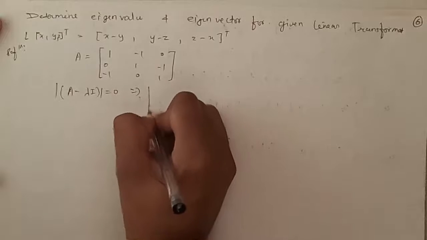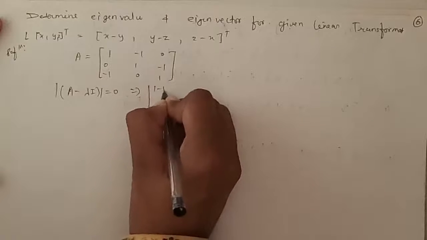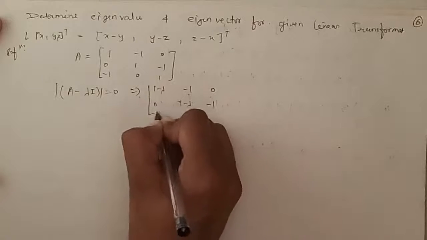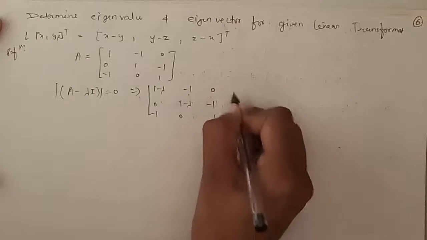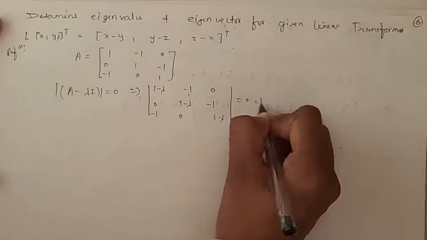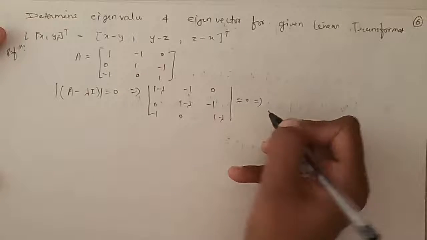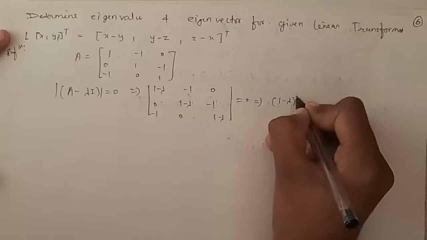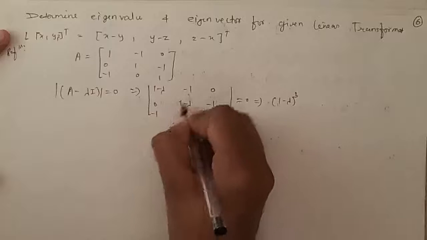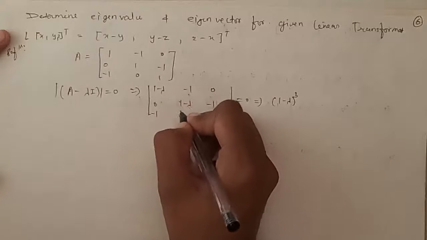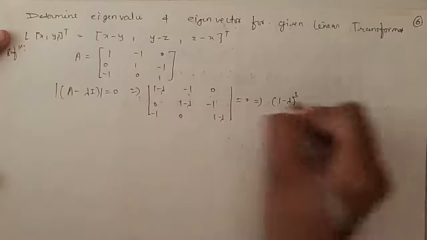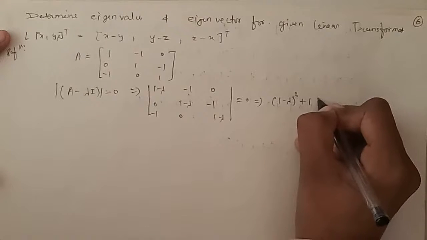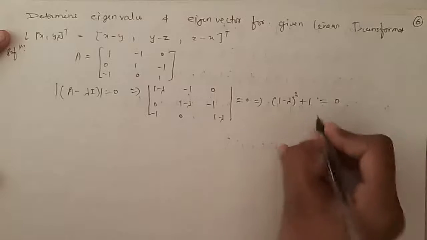Now to solve this, determinant of [1 minus lambda, minus 1, 0; 0, 1 minus lambda, minus 1; minus 1, 0, 1 minus lambda] is equal to 0. On simplifying this, we are getting (1 minus lambda) cube, then for this minus minus become plus 1 is equal to 0.